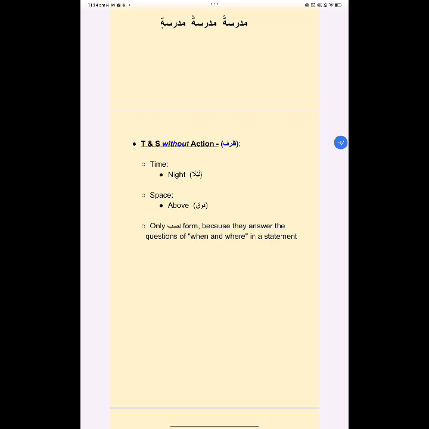This is very important. Why? Because they actually answer the question of when and where in a statement. So they're actually the detail of any statement. They are always going to be in nasab form, while the ism zarf can be in rafa, nasab, or jar form.